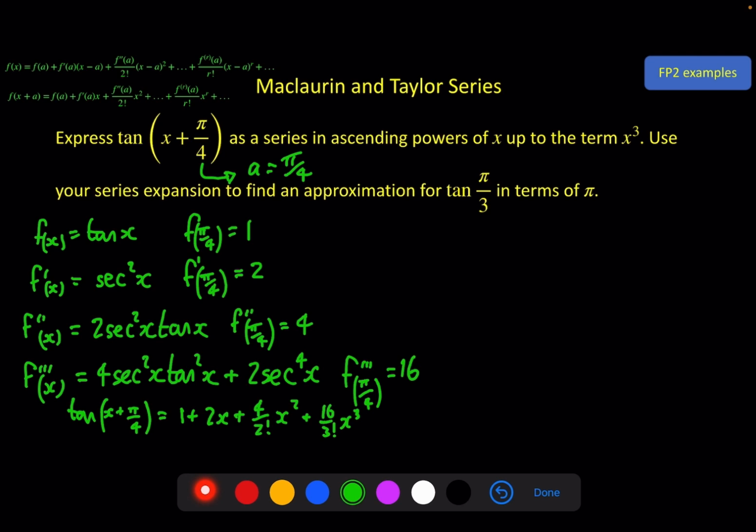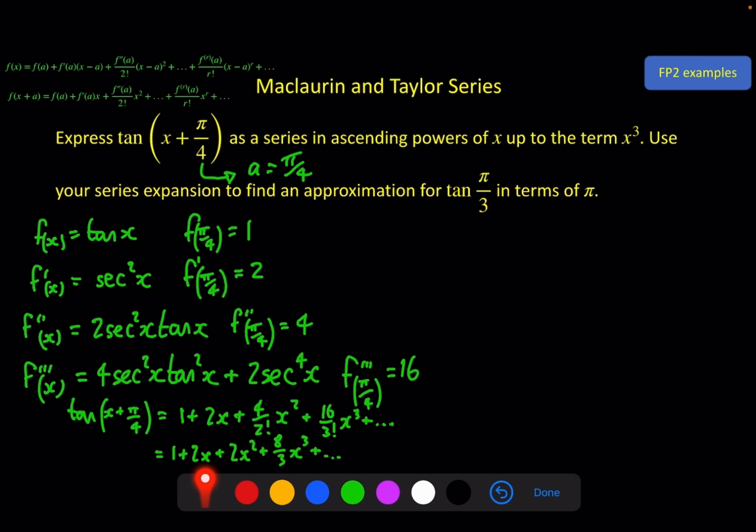Simplifying those two fractions, we get 1 plus 2x plus 2x squared plus 16 over 6, which is 8 over 3 x cubed. And I've used an equal sign there, so plus dot dot dot. And there is our expansion.